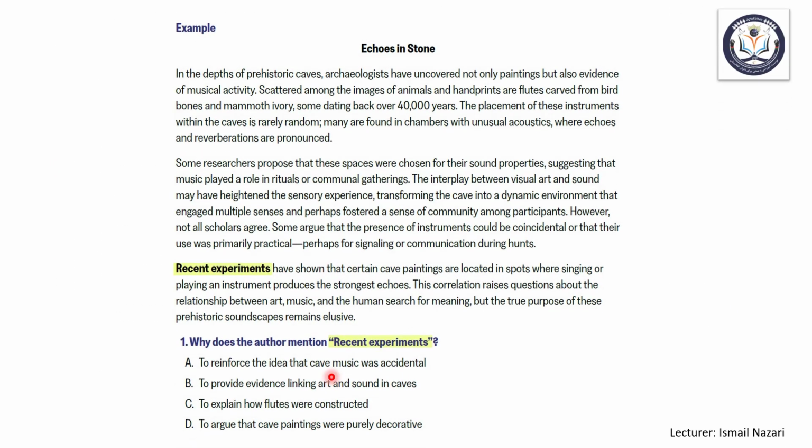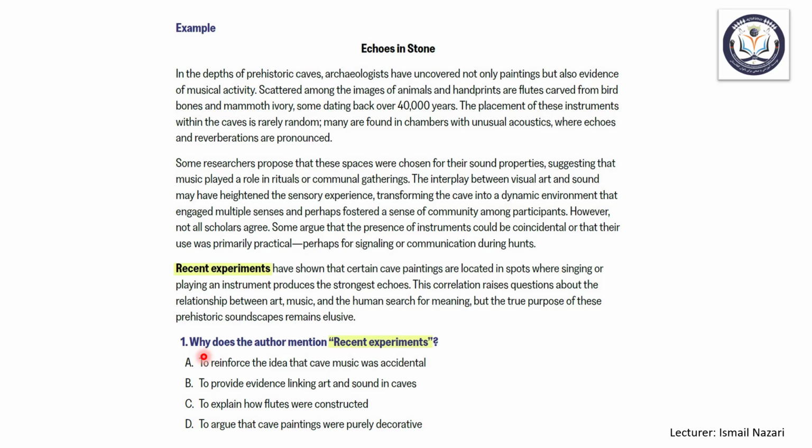Now let's get into an example. So if we carefully look at this one, as we have already done this question in our exercise to the reading, why does the author mention recent experiments? So what's the question asking? Does it ask the relationship or does it ask the purpose? It's clear.